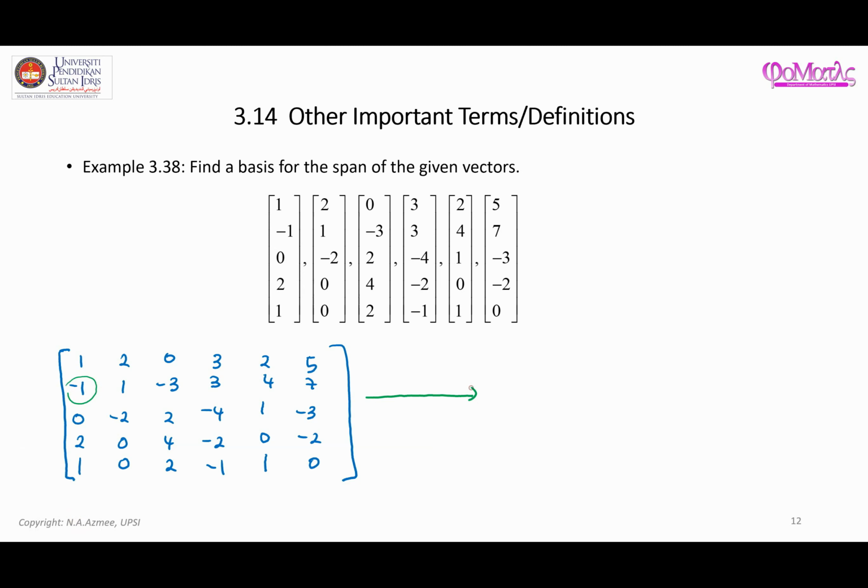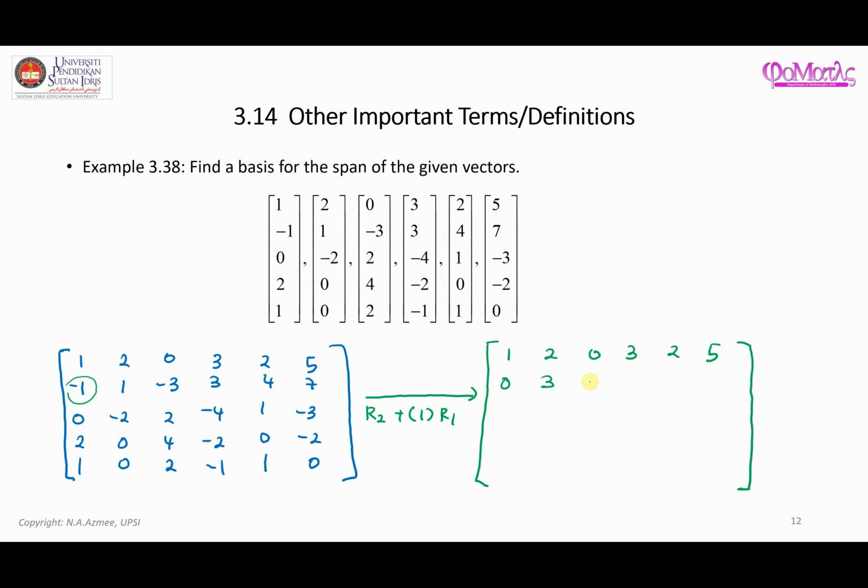So I have to consider the process here, R2 plus 1 R1, and the result is 1 2 0 3 2 5. And for the second row, it will be negative 1 plus 1 is 0. 1 plus 2 is 3.